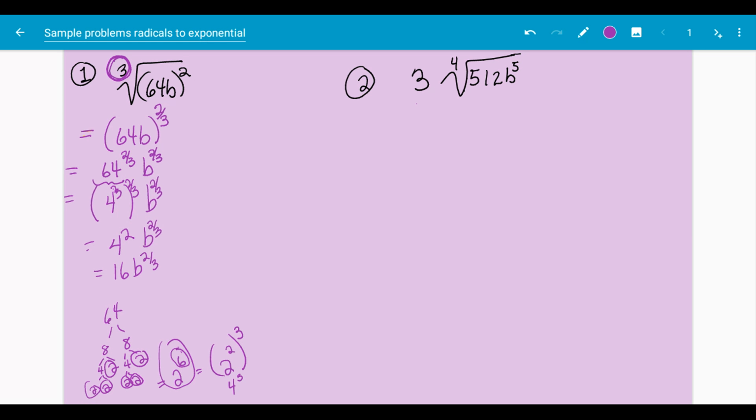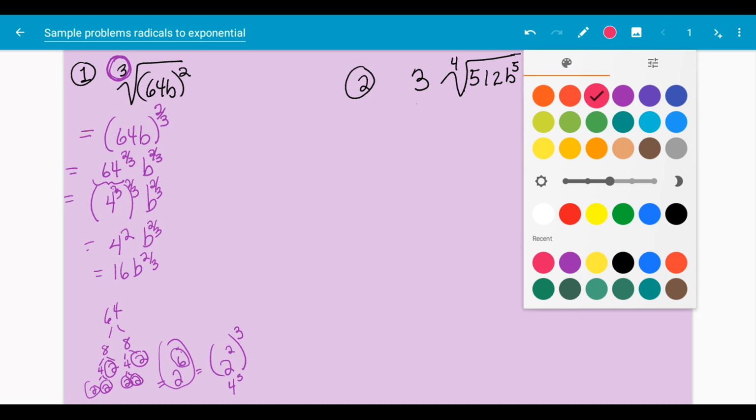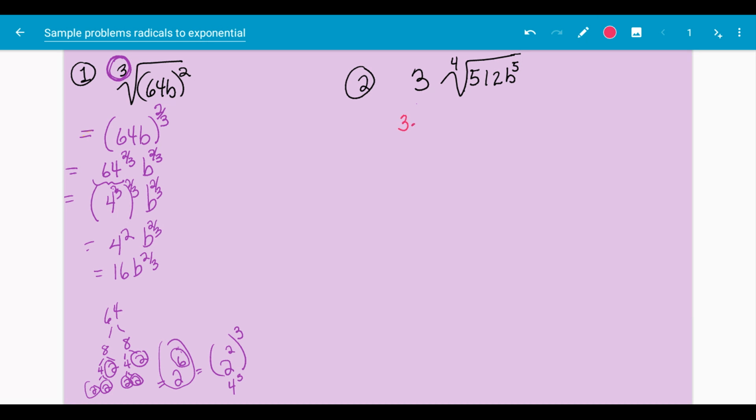This 3 out front, you're just going to leave that there for now, and then you're going to see at the end if you know what you're going to do with it. And as I said, everything in here under the radical, 512 b to the 5th power, is being raised to the 1/4 power.